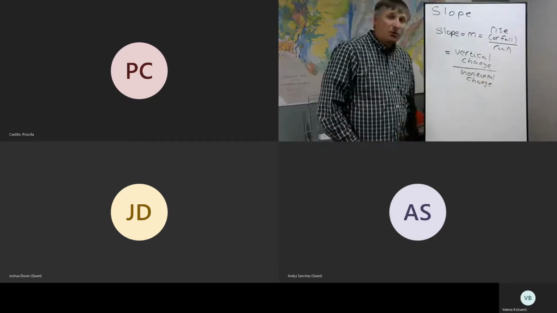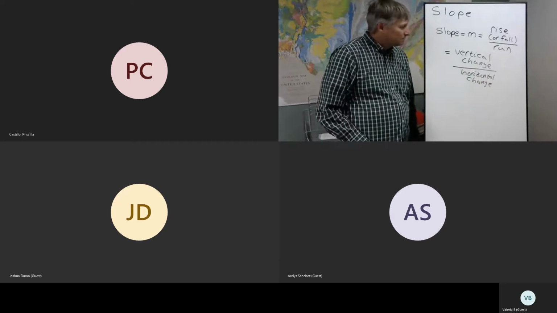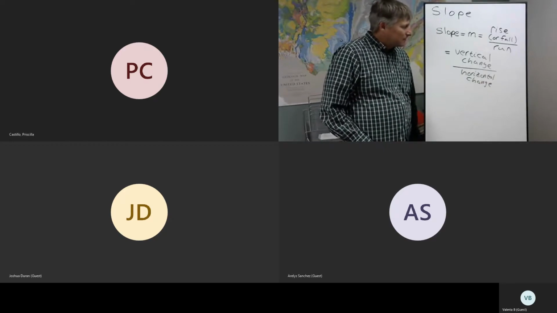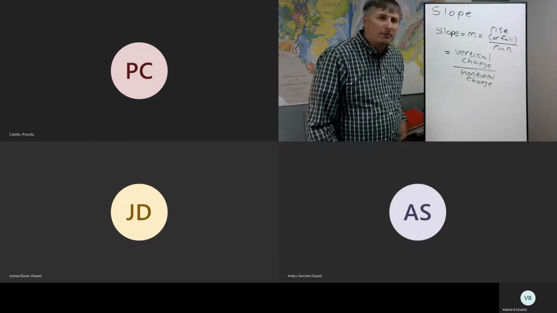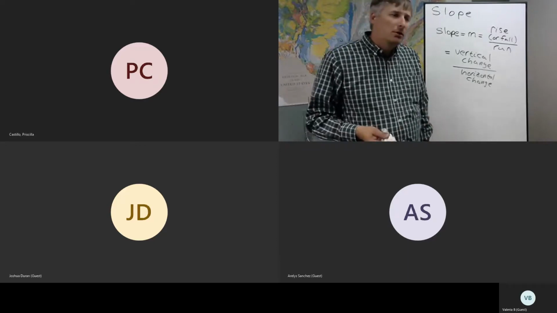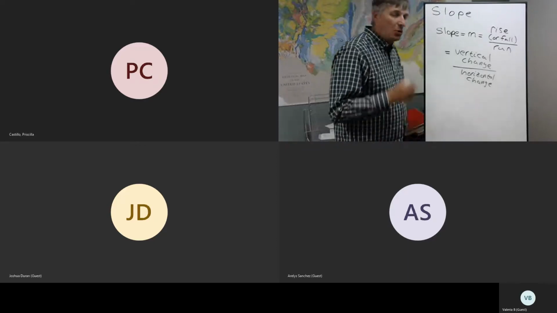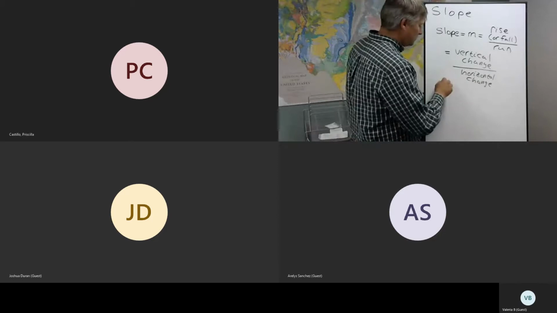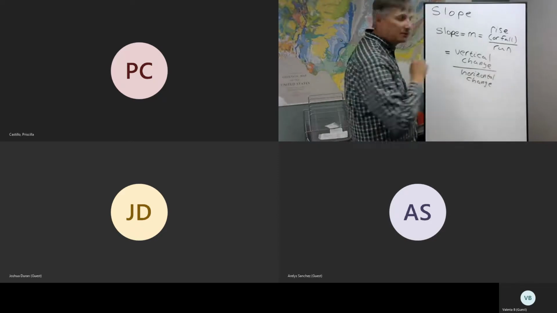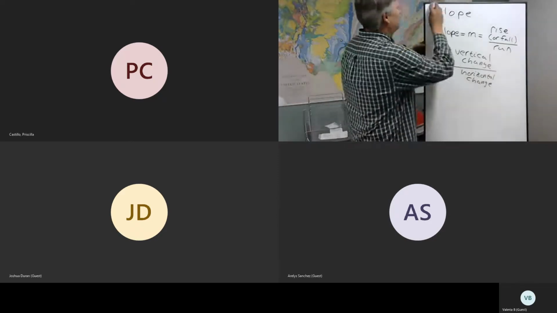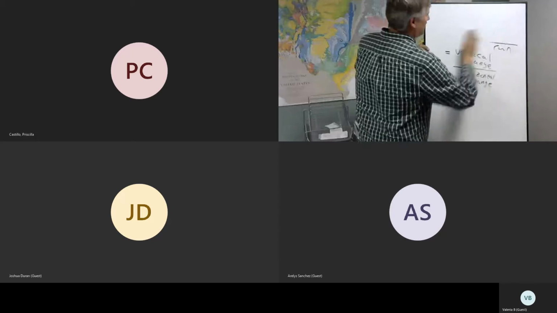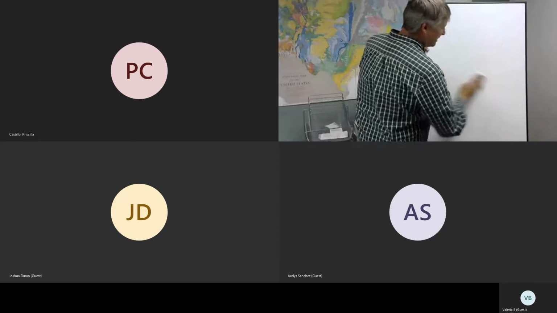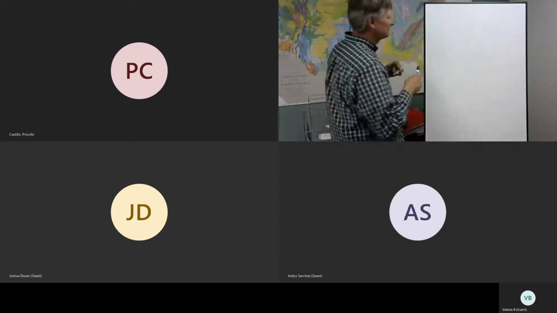So it's vertical change over horizontal change. There's another thing with slope we want to mention: when we measure slope, we always measure it with the horizontal change going left to right. Now you could do it the other way, but you got to be a little careful.